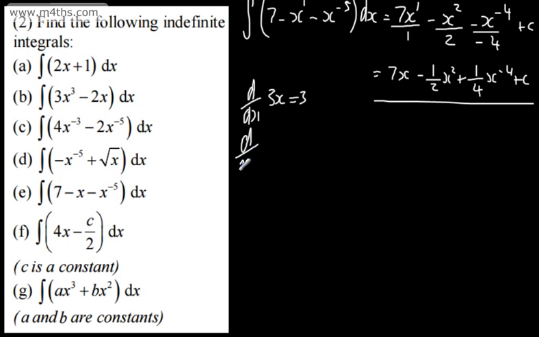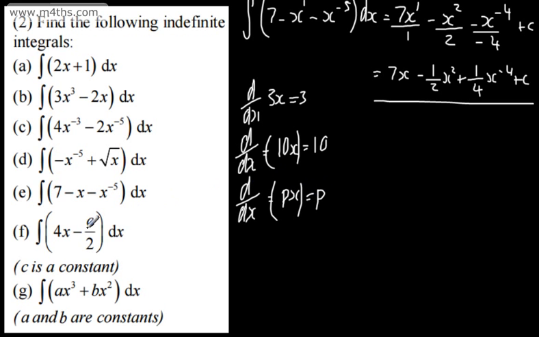The derivative with respect to x of 10x is equal to 10. The derivative with respect to x of px is equal to p. So exactly the same. All we'll have to do is introduce a different letter for our constant of integration. So let's go ahead and integrate this.